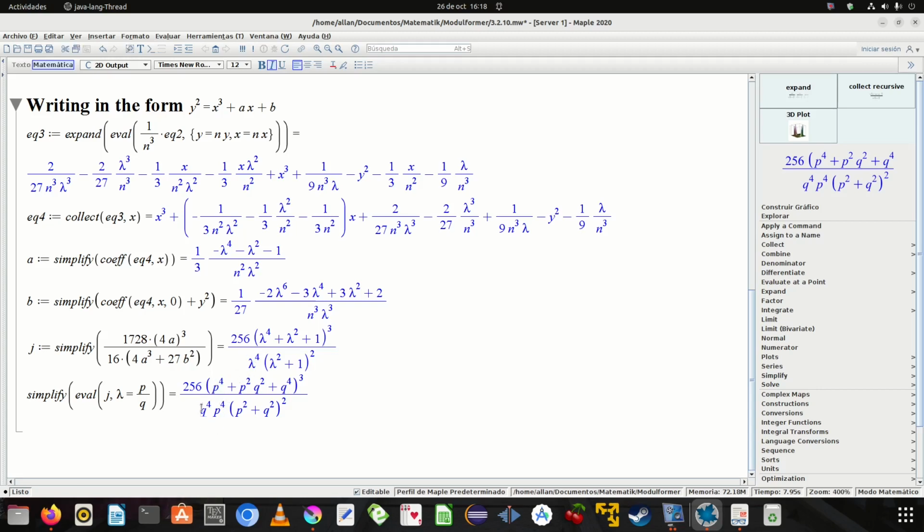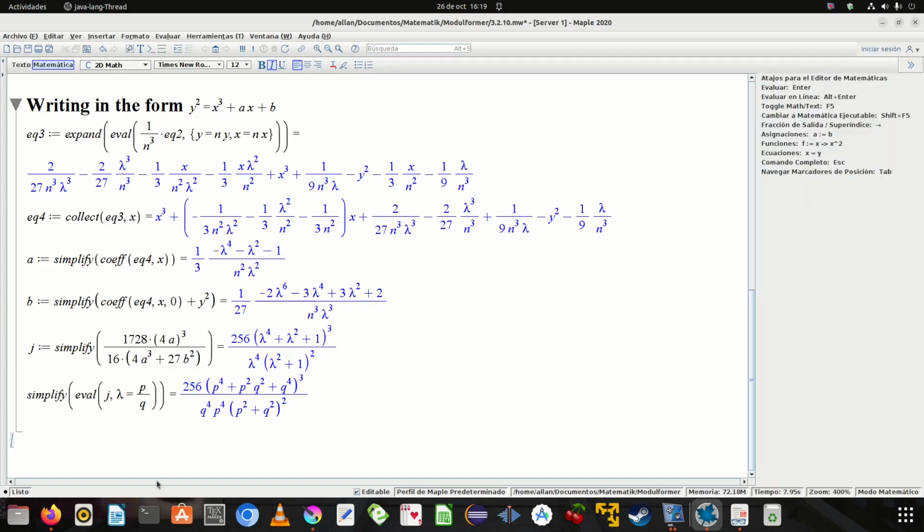And that means all prime factors of P and Q divide 2 to the 8th. And they can't divide both of them, so one of them must be unity.